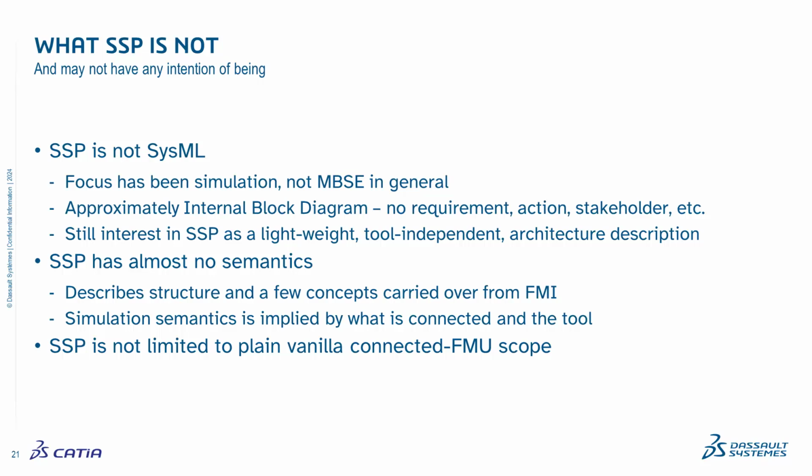And that is a deliberate choice, that there are no simulation semantics in SSP. And we should remember that SSP is not limited to plain vanilla type of system with connected FMUs. It can represent models with other languages such as Modelica, and it has support for parameter sets and variants based on parameter sets.